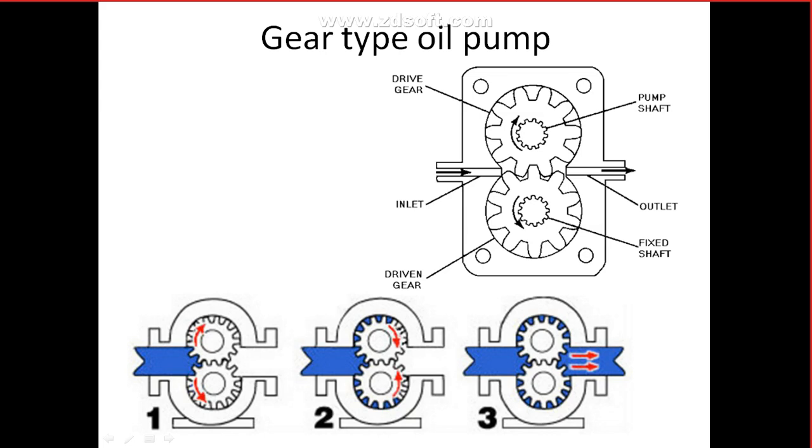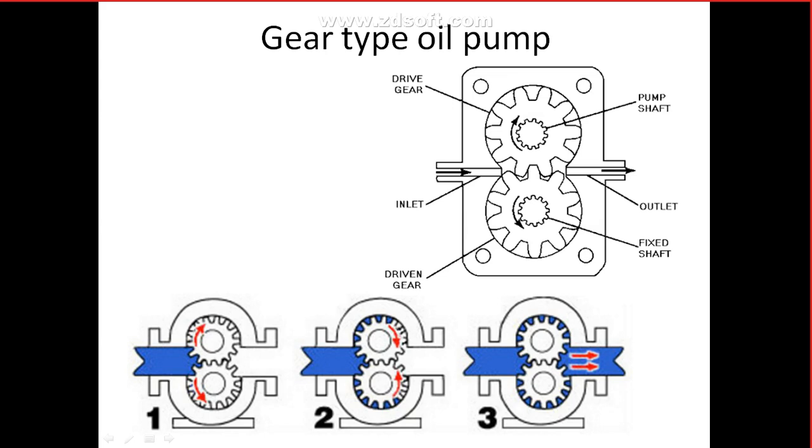Okay, so among these two gears, one gear is connected to the shaft and it takes power from this gear. So one gear acts as a drive gear, another gear will act as a driven gear. Okay, and this is a pump shaft. Another one is a fixed shaft. So once you rotate one gear, the other gear automatically rotates.